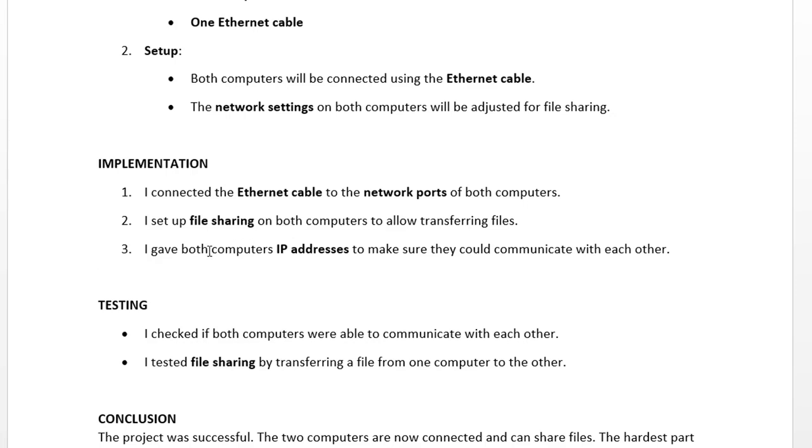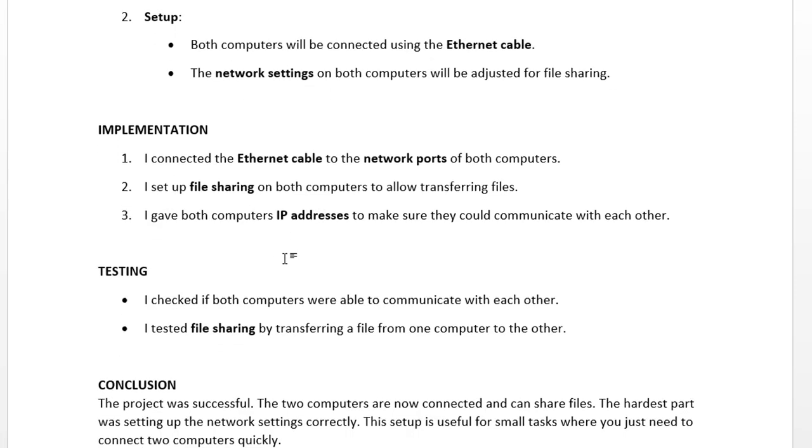Next is to configure the IP address. What is the use of an IP address? Let me explain, it's very easy. An IP address is like the ID card of a person. An ID card is what we use to identify a person. It's the same thing: an IP address is what we use to represent computers in a network.